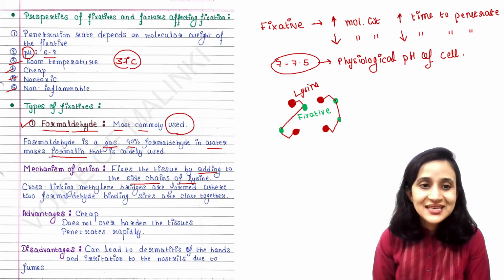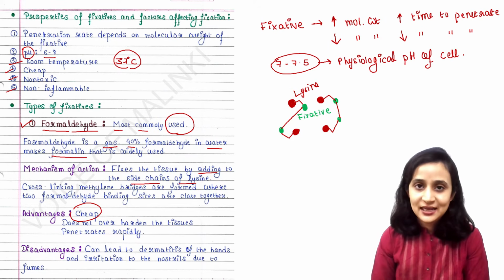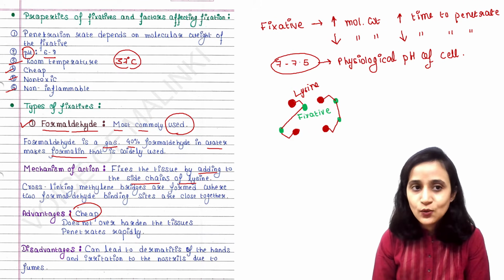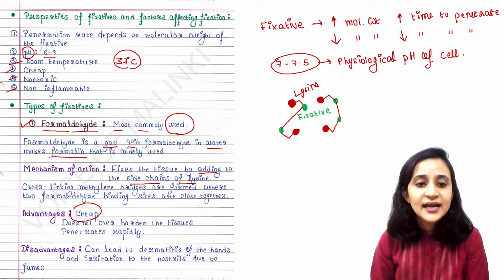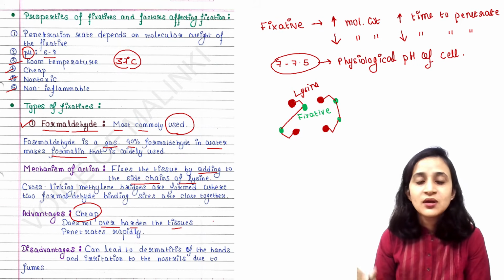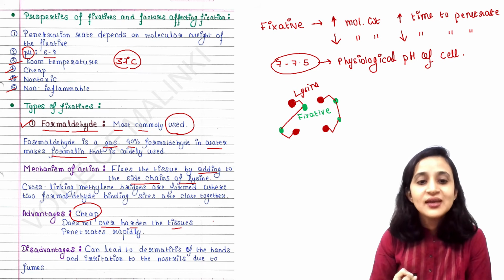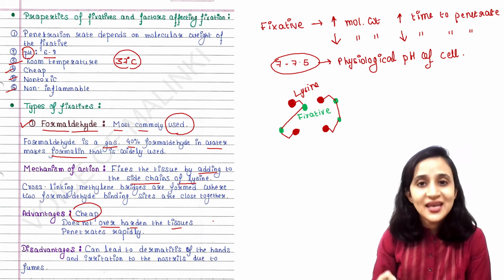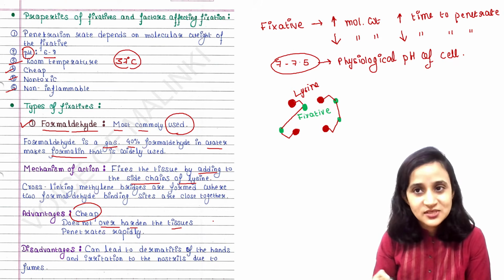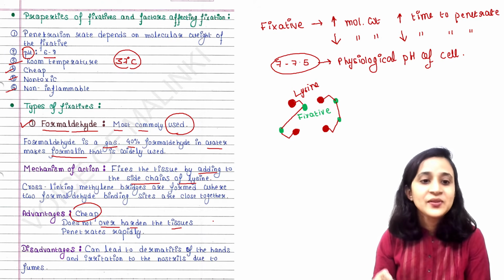Advantages of using formaldehyde. It is a cheap technique. We can easily use formaldehyde. It does not over-harden the tissues, because if the fixative makes the tissue very hard, it is not possible for that tissue to take the stain.